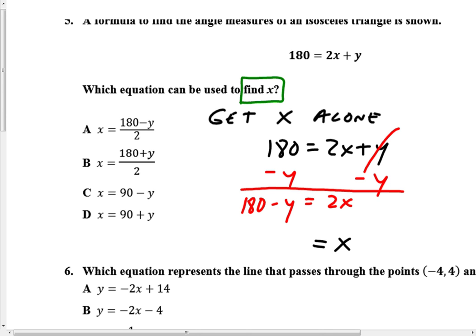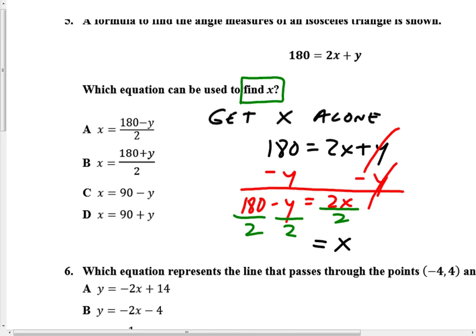We're almost there. The y's gone. What else do I have to get rid of? How do you get rid of it? I could do this. But do any of my answers have a y over 2 by itself?